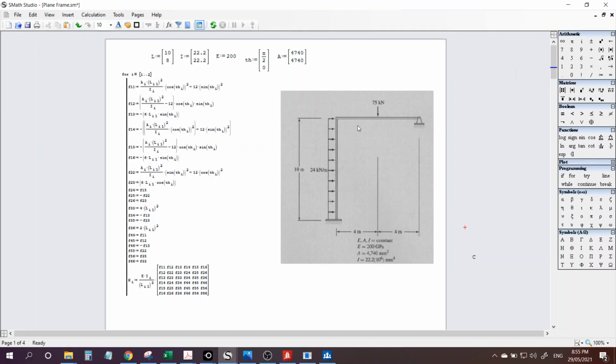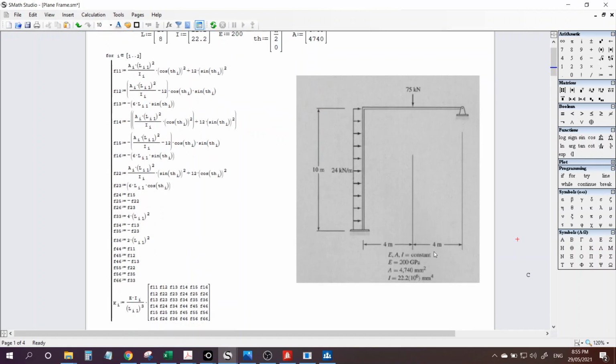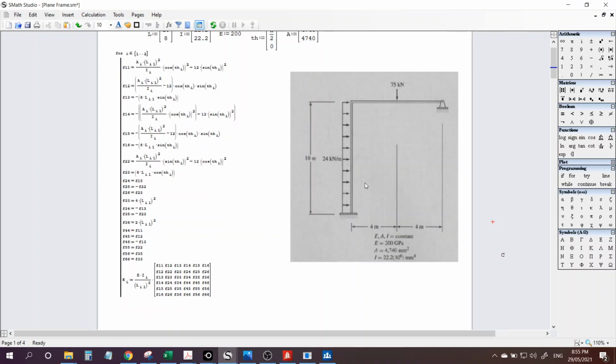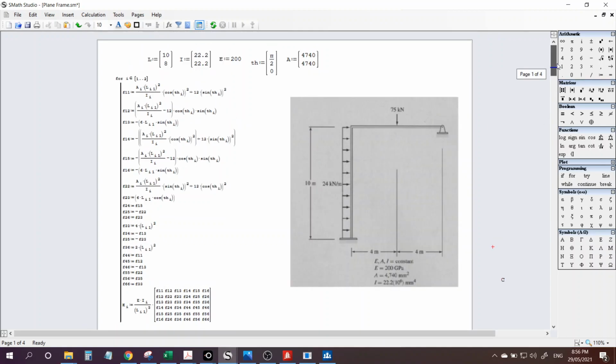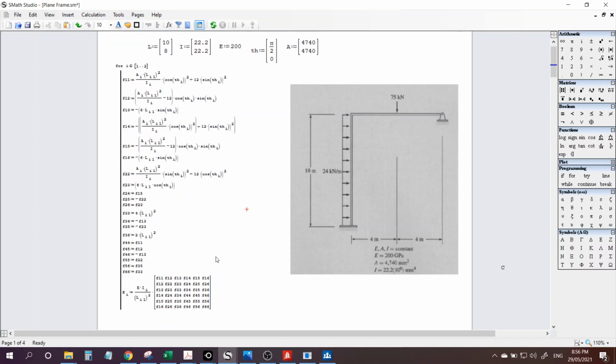This is a plane frame problem. As you notice, area is now given, and inertia, of course. It's a two-member plane frame, so this is also non-sway. I think we solved this already previously, and so this is the implementation of the local stiffness matrix.